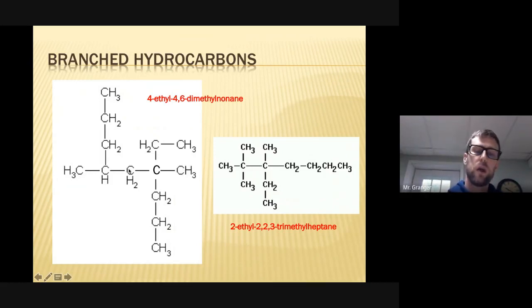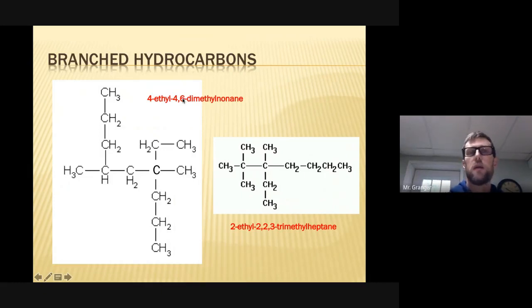If we keep going to carbon 5 and 6, where we turn and go up, this methyl group is also attached to carbon number 6. So because we have one at carbon 4 and one at carbon 6, notice that we put 4, 6, because there's one at carbon 4 and one at carbon 6.